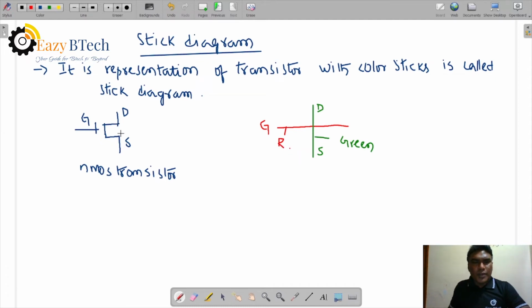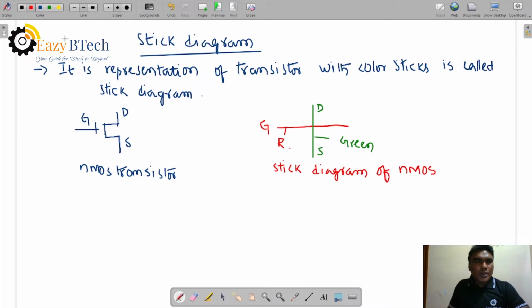So instead of a transistor symbol, if we represent the gate, drain and source with color sticks, it is called a stick diagram. So it is the stick diagram of NMOS.